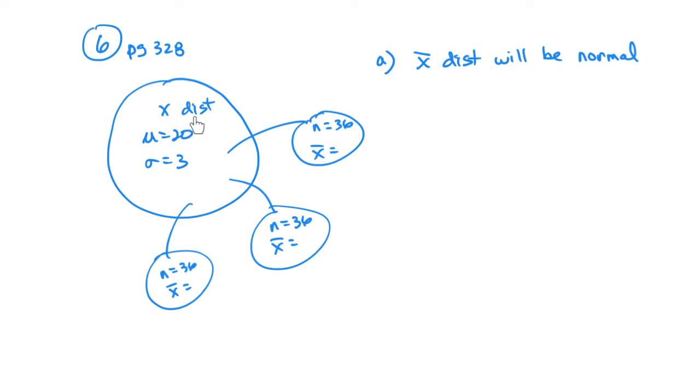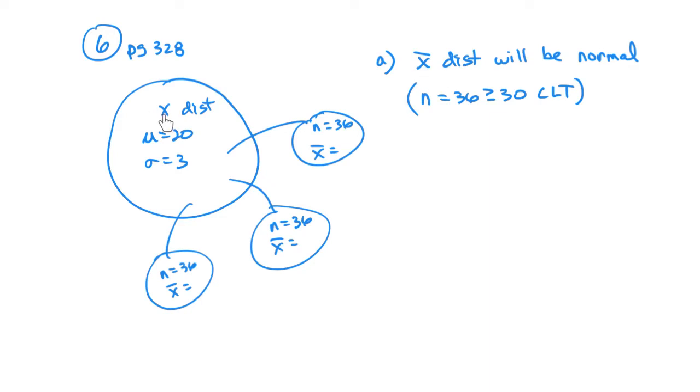Well, the reason I can say that is because the sample size is 36. So the reason I can say this will be normal is because n equals 36, which is greater than or equal to 30, and that's because of the Central Limit Theorem, right?